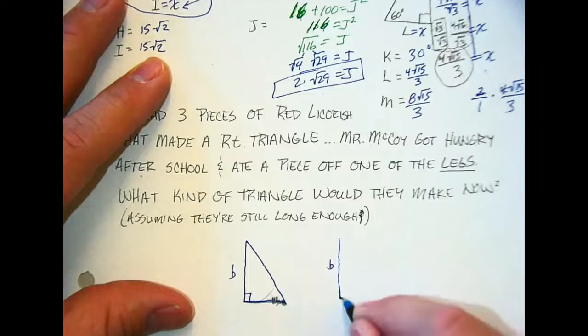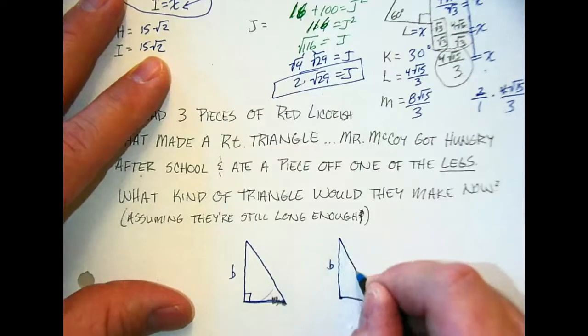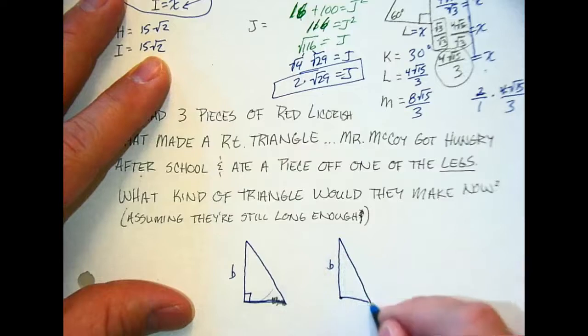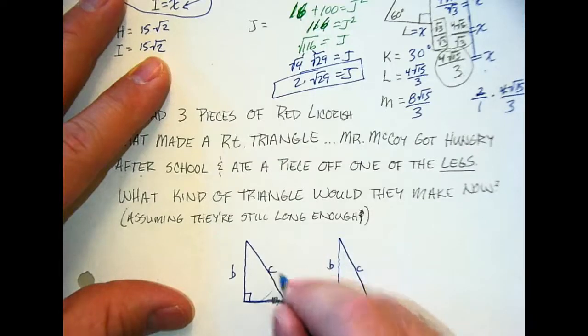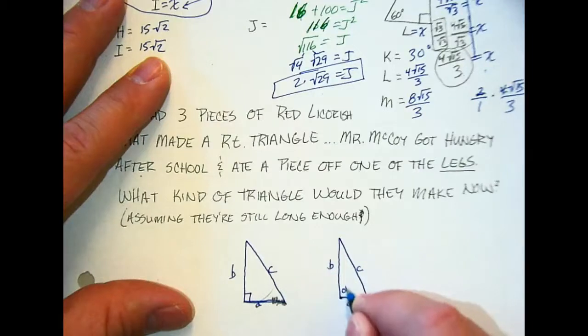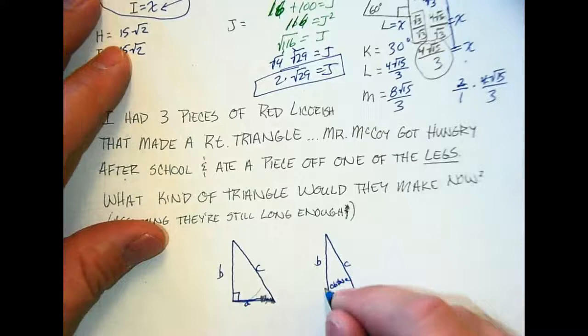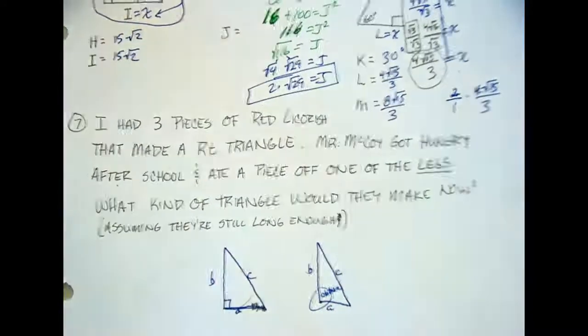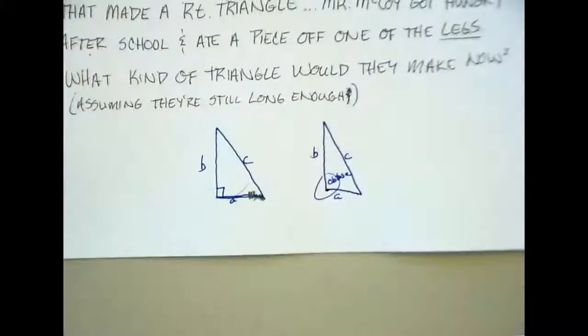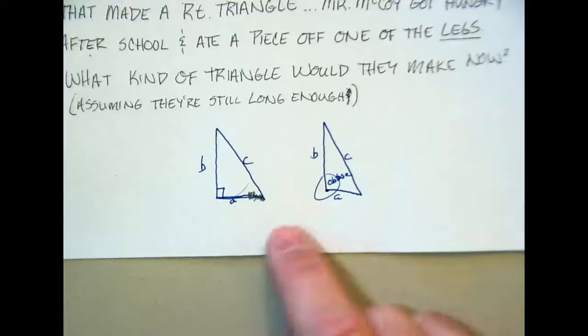Outward. Yeah, it has to slide outward. So now I have an obtuse triangle. This little chunk is our A now. It can't be right anymore because I took a part of it off. Unfortunately, yes. Sad, right? Or obtuse?